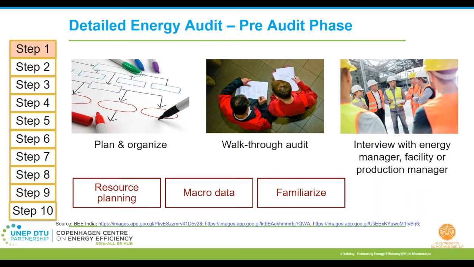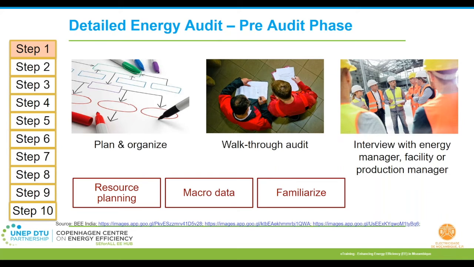And the phase is important because it helps the energy auditing team to plan their resources. For example, what is the team composition, how many should be there in the team, or what kind of composition should be there.